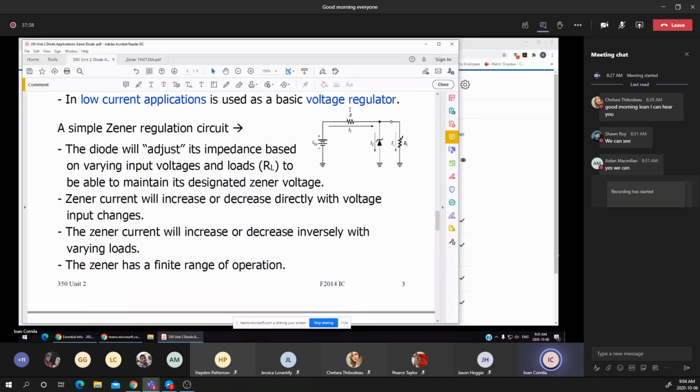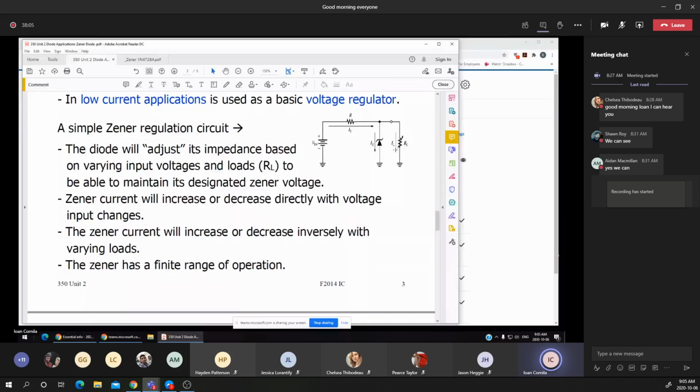The other problem is finding the value of the resistance R, knowing the Vin, knowing the Zener diode, and knowing the RL. The third type of problem is, for a given input voltage, a given resistance, and a given Zener diode, to find the limit of the RL.